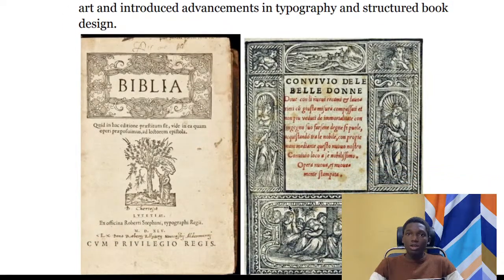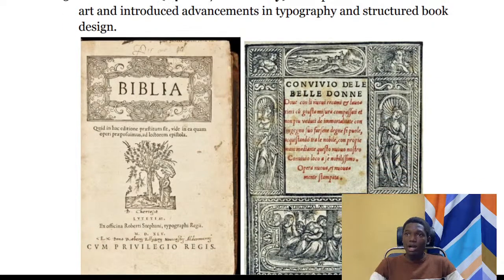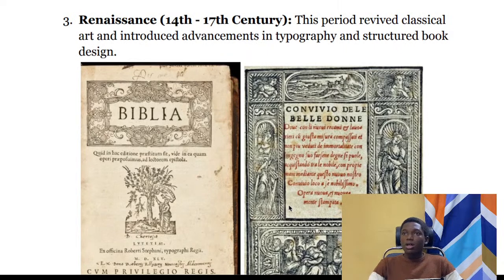If we move to the third type of design, we have the Renaissance century, which is from the 14th to the 15th. This period, I'll just be typing it so as not to use much of our time, they advanced in their typography, bringing out some scripts, some fonts, some designs.